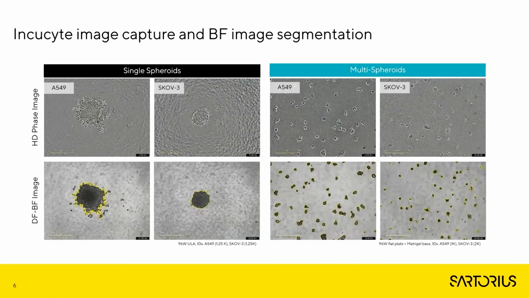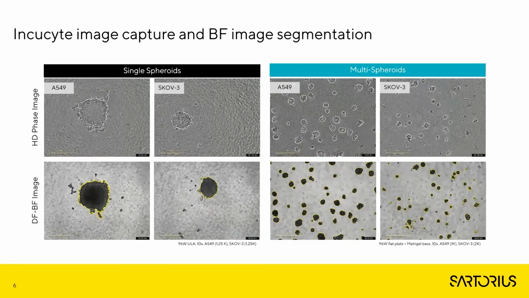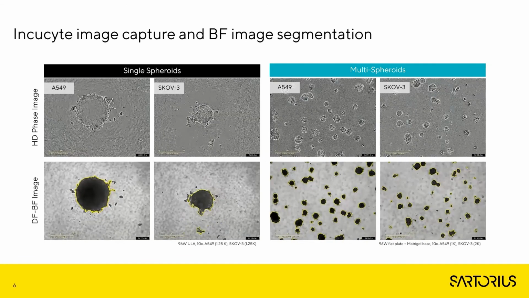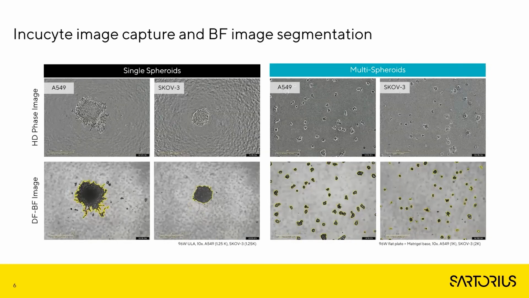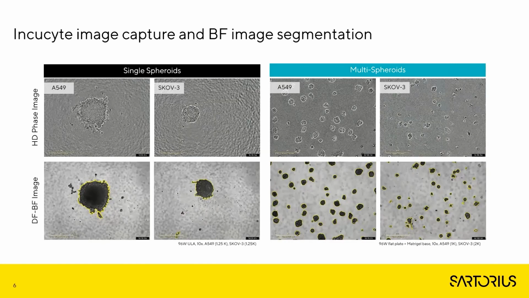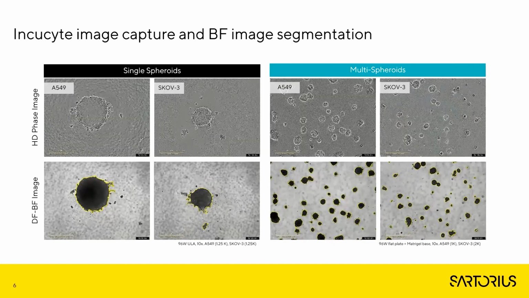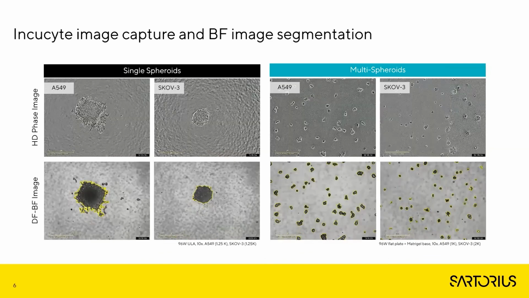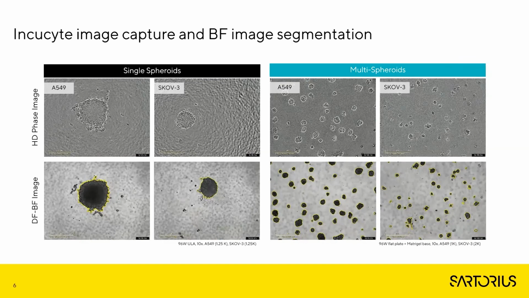Here you're looking at some example videos of single and multispheroids created using the first two protocols I described. You can see that the IncuCyte is able to capture both high definition phase and bright field images. Some of you may be very familiar with the challenges of consistently segmenting or masking phase images, in particular imaging of single spheroids larger than 500 microns in diameter, where the center of the object often appears out of focus, or poor or out of focus phase images of multispheroids growing on the meniscus of an extracellular matrix gel.